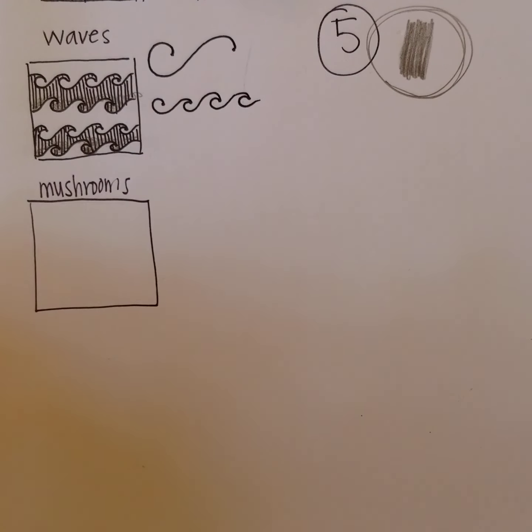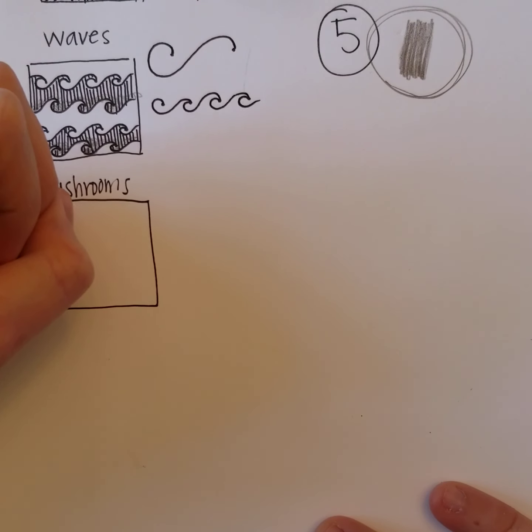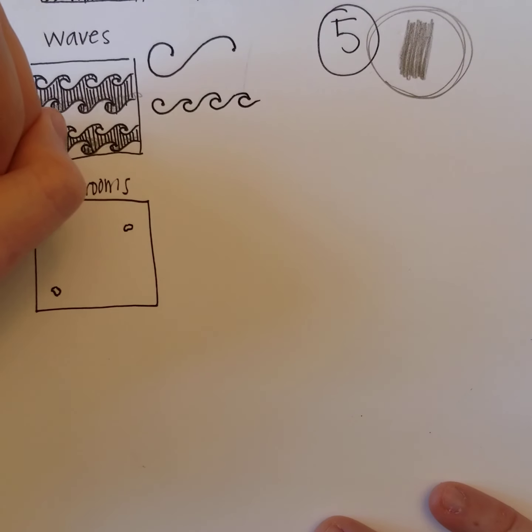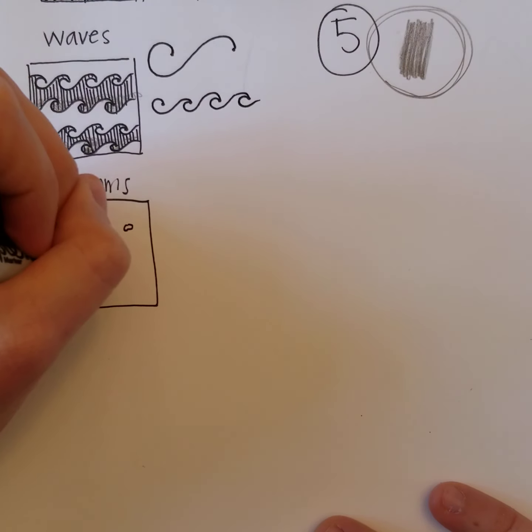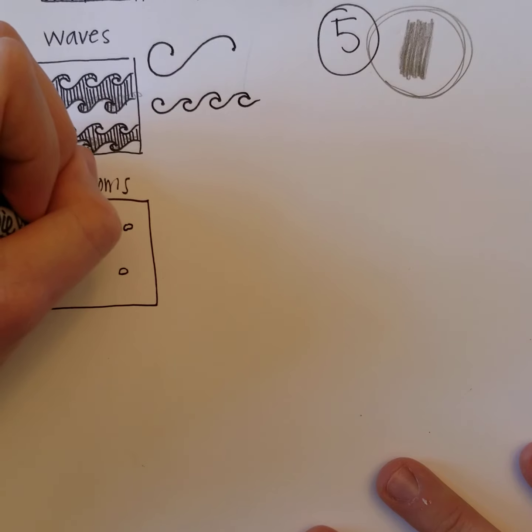To start it, we are just going to draw little organic shapes kind of all over the paper. Let's have maybe one in the middle.